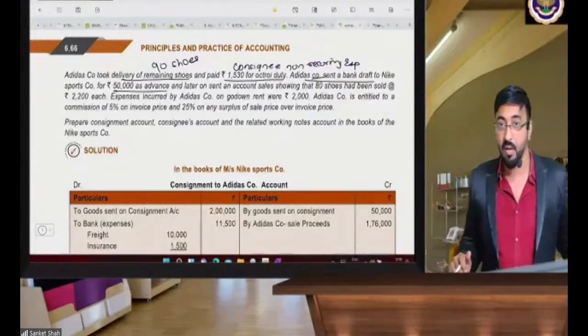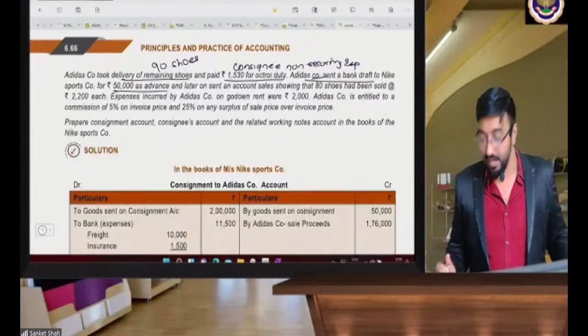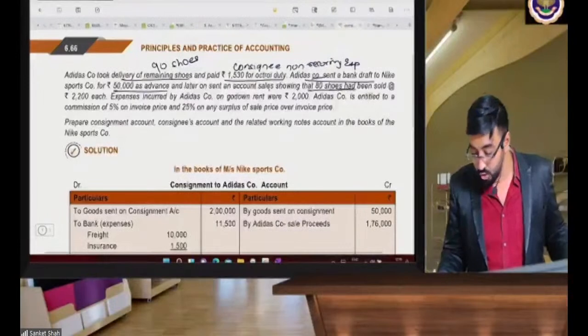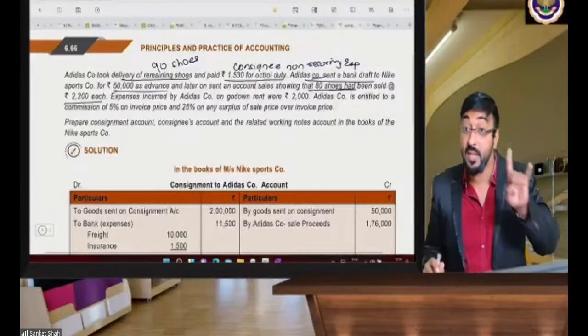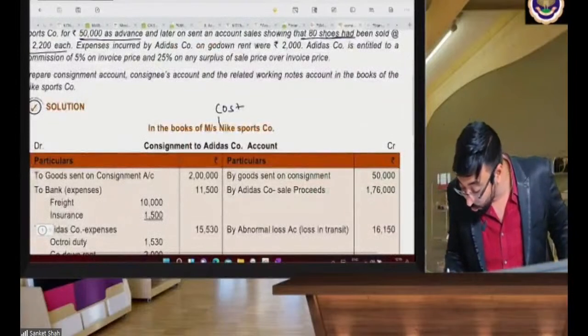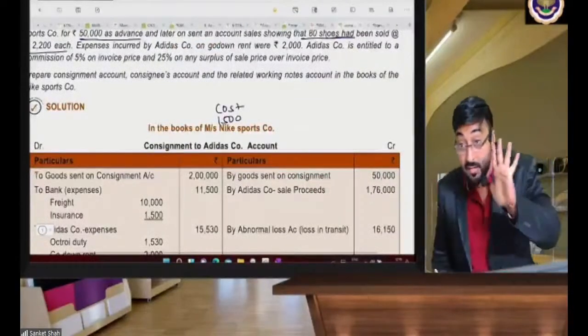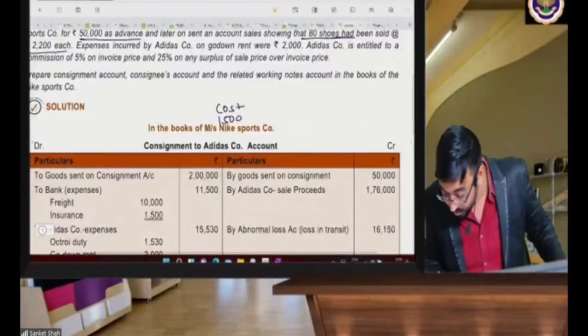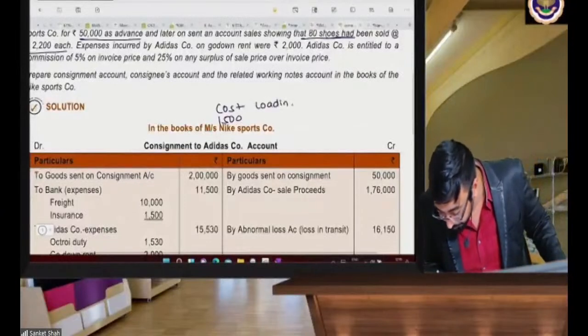Later on, they sent account sales showing 80 shoes sold for 2,200. See beta, now what is the equation? Cost is 1,500. Understand this. Cost is 1,500. Loading is 500.